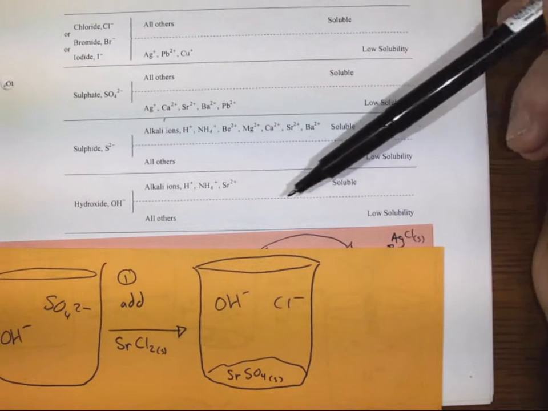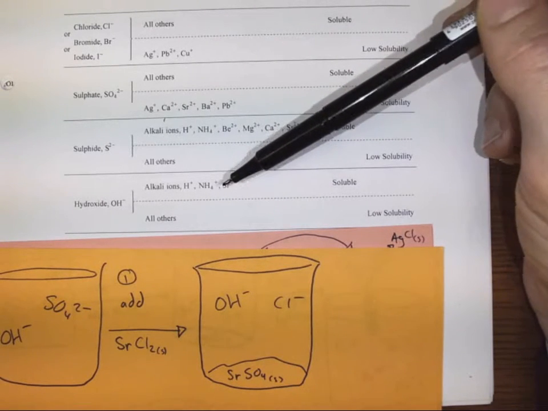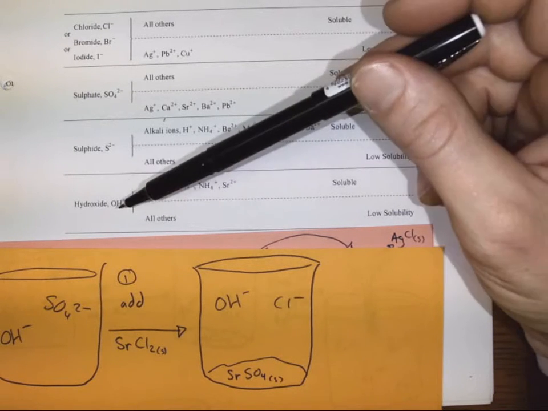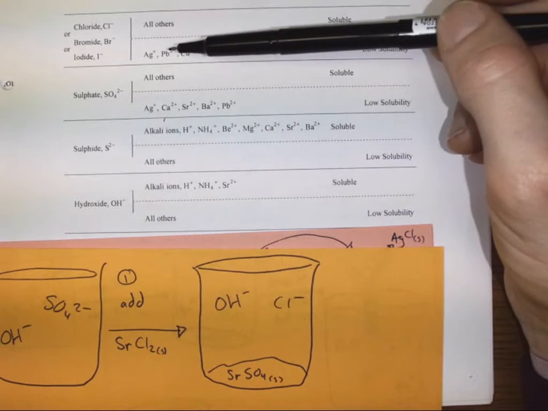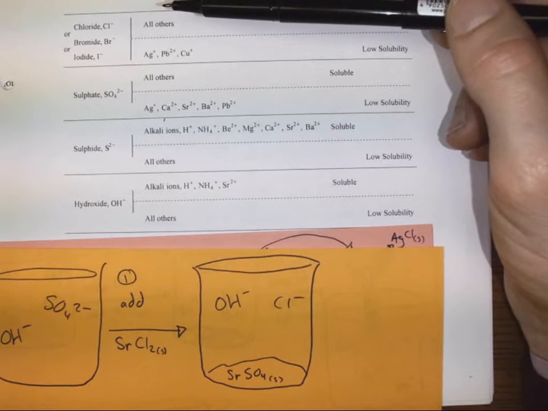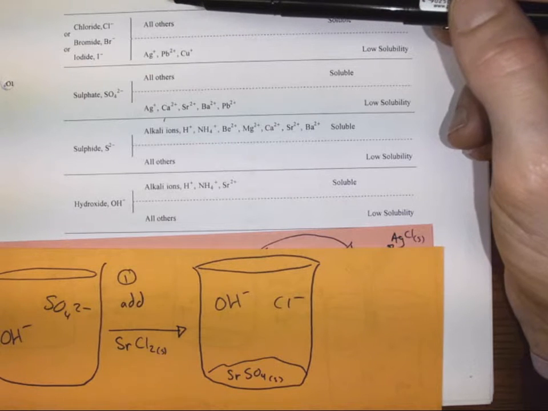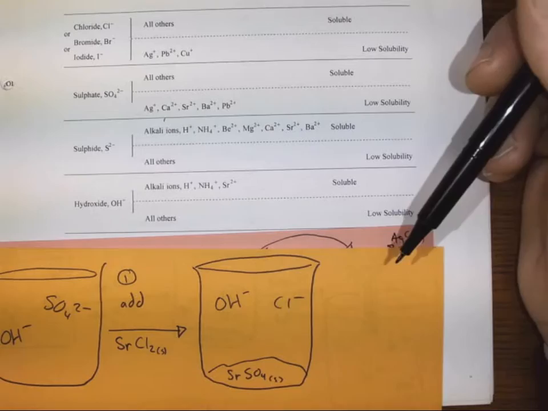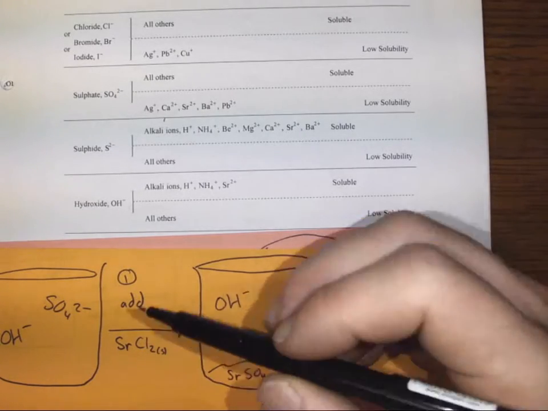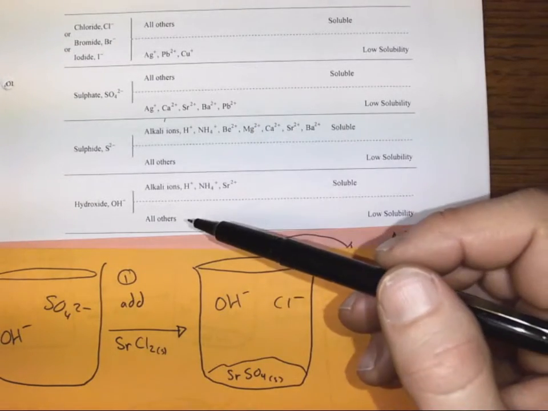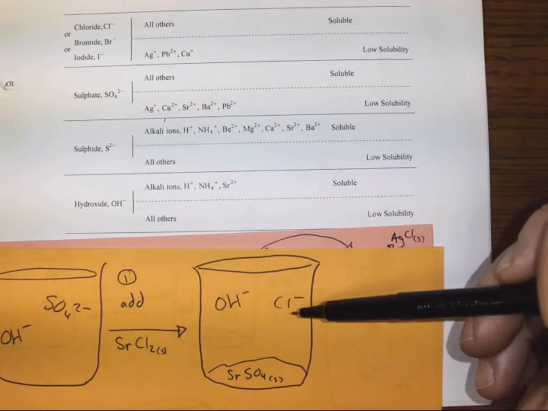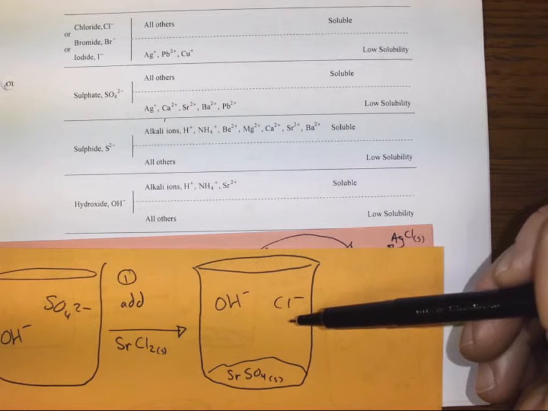There's no overlap between these things and those things, which means everything I add is going to take out hydroxide, and it's also going to remove chloride. So adding strontium chloride was a problem, because now there's no way I can remove hydroxide without removing chloride first, unless I do another step where I add some other ion.